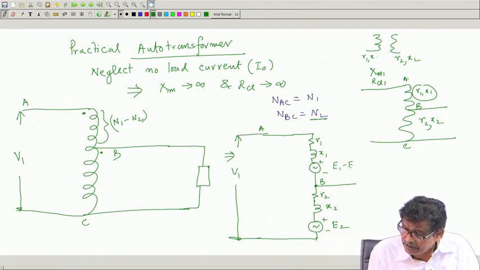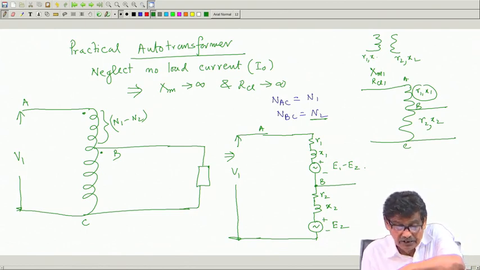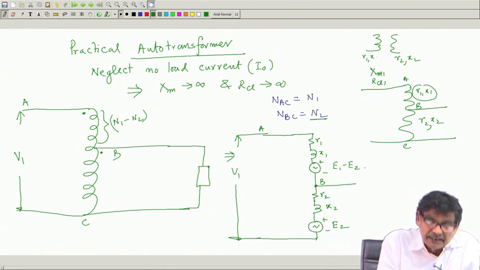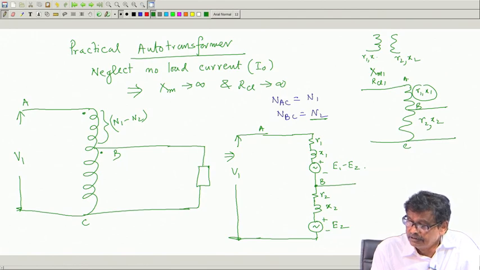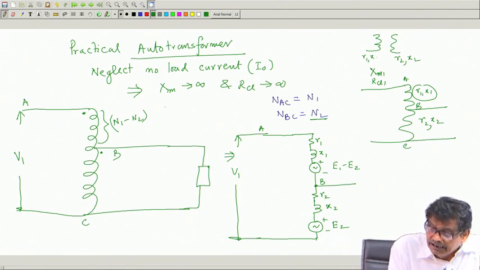Are you with me? Because the induced voltage in N 1 turns, if I call it E 1, the induced voltage in N 1 minus N 2 turns will be as follows.